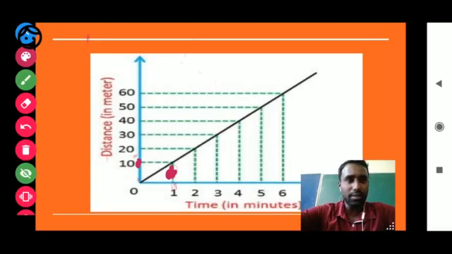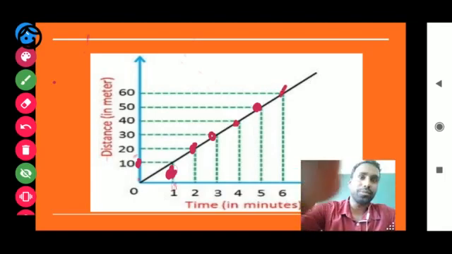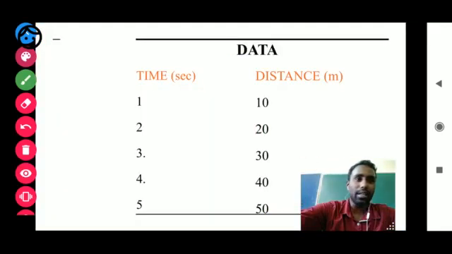For the second, it covers this much, the third one this much, the fourth one this much, the fifth one this much, from the following data. See here, first 10, second 20, third 30, fourth 40 meters, and fifth 50 meters.